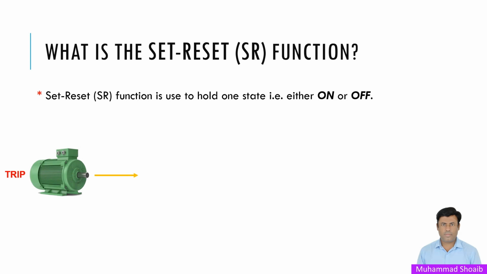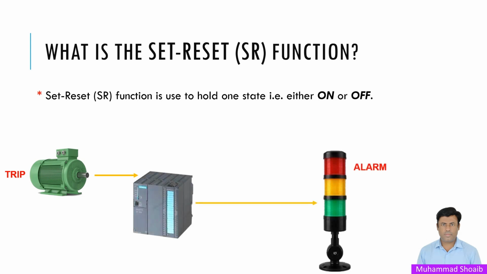Suppose we have a motor that trips due to overload current, and we receive that signal in the PLC, and now we want to program that once we receive that trip signal, we activate one alarm.